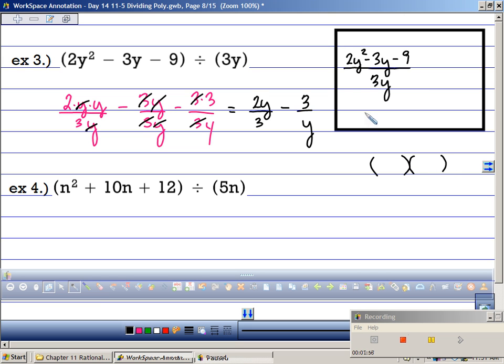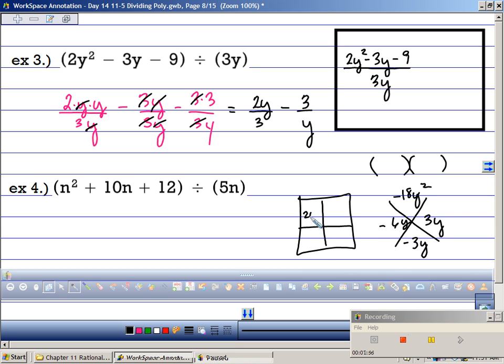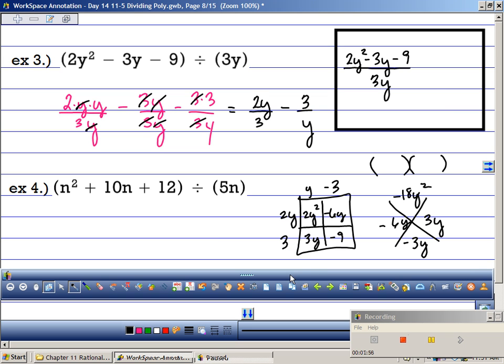Is this factorable? Let's see. Do two numbers make negative 18 but add up to make negative 3? So I would put 2y squared here, negative 9 here, negative 6y, positive 3y, and this would be 2y times y, negative 3, and 3.